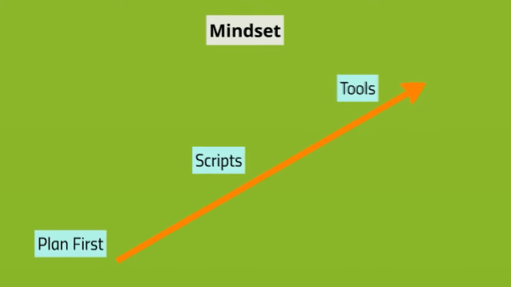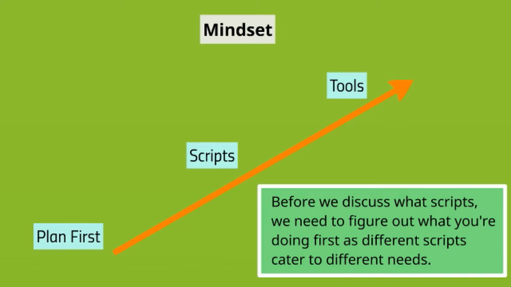Before we discuss what scripts to use, we really need to figure out what you're doing first, as different scripts cater to different needs. We could talk about Amember Pro, which is one script that I personally recommend, and that I've used for literally a decade and a half.